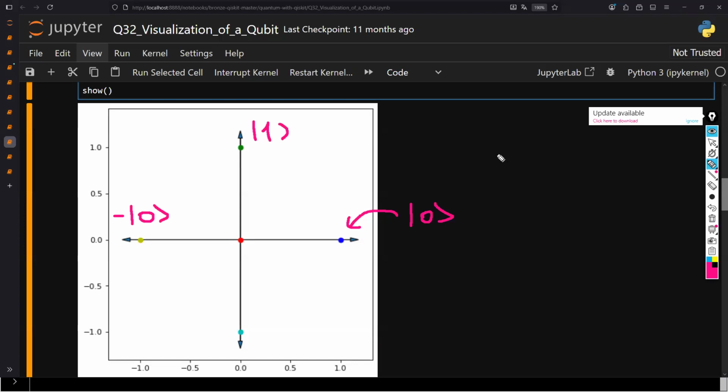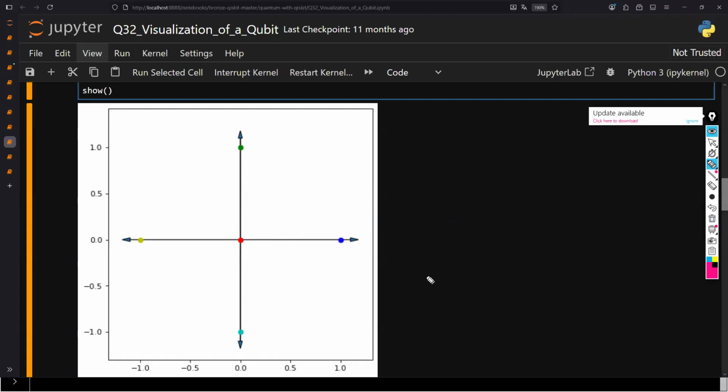The -1 could be a scalar that scales the entire 0 state, to denote the polar opposite of our regular state. And then the last one would be our negative ket one.